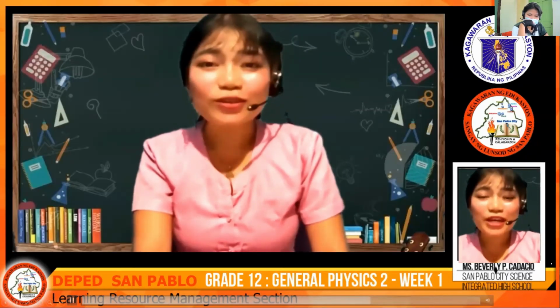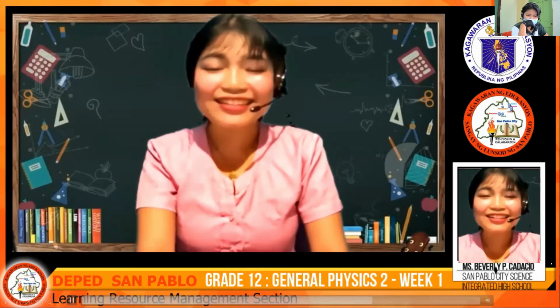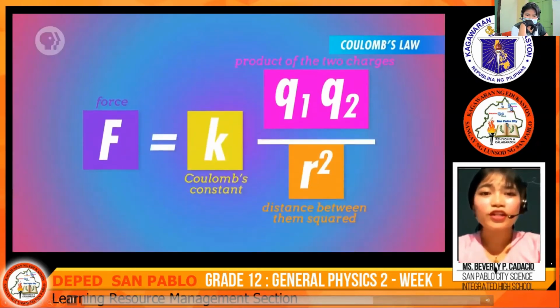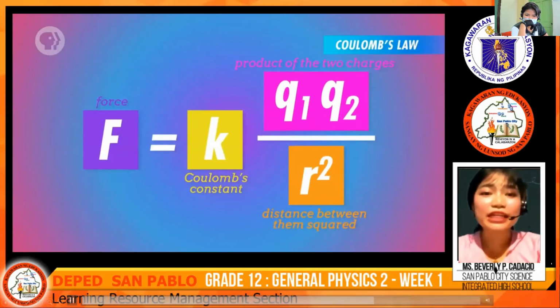Now that we have a way to measure the charge, we can calculate the force between particles, right? And the equation we use is very similar to the one we use with gravitation. It's just that instead of using kilograms to find newtons, here we're using coulombs to find newtons.